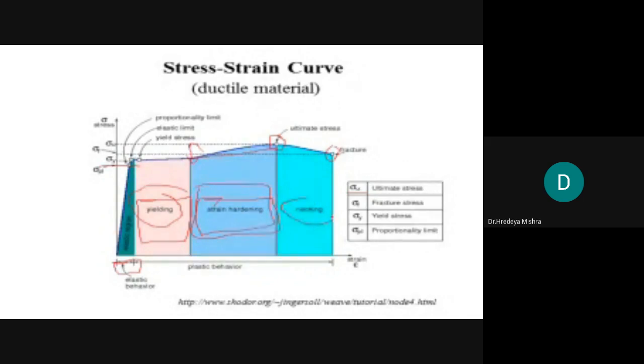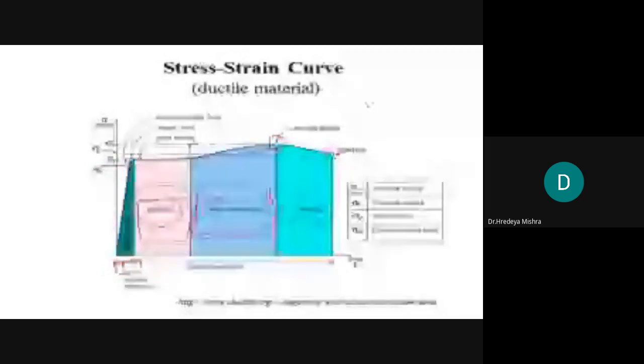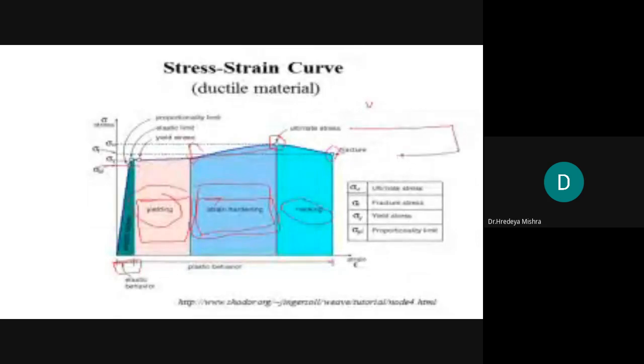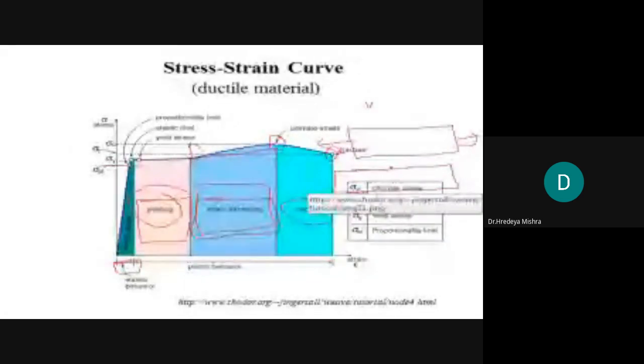And here is the necking. A component breaks from a point, and at that point necking starts like this. This is called necking. If we make a specimen like this and apply the load, there is elongation, and at some point this will happen.